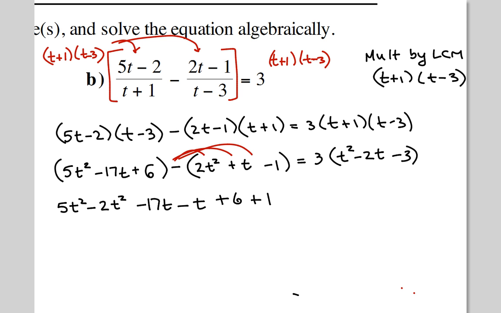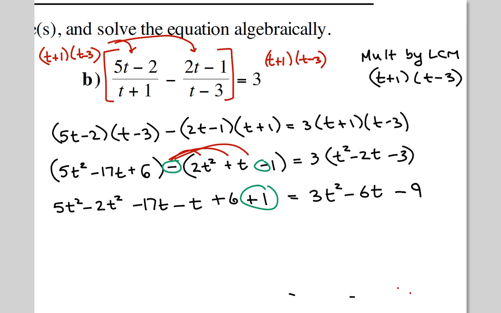I'm going to circle that one because that's the common mistake. See this minus, minus. And on the right hand side we have 3t squared minus 6t, minus 9.